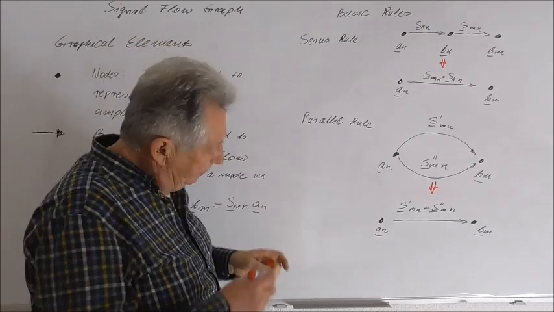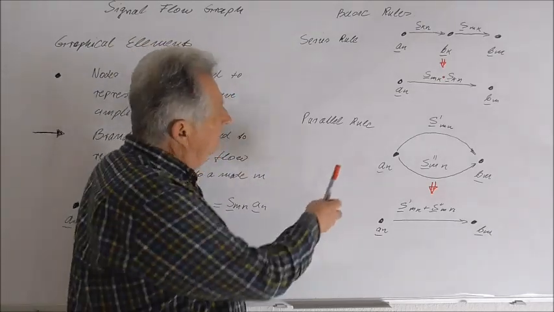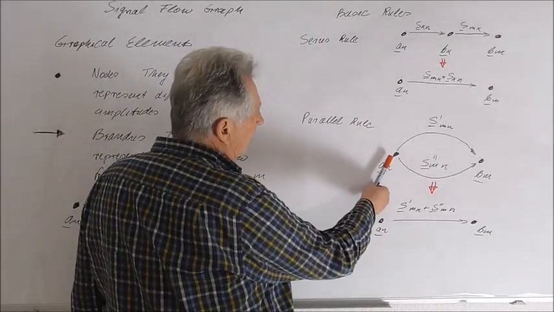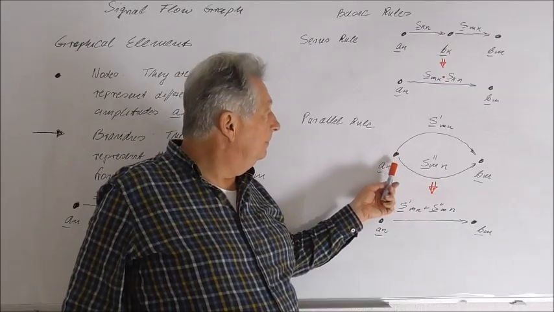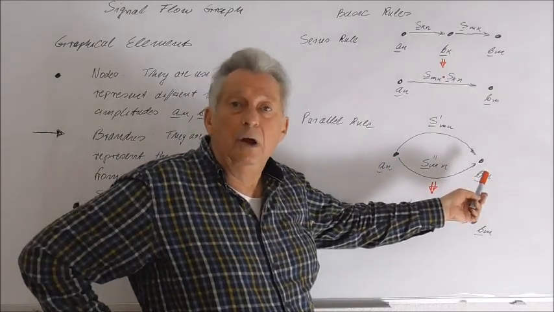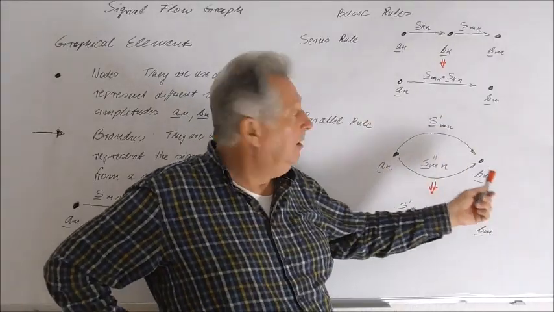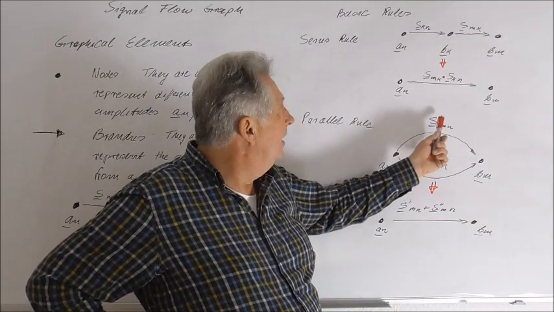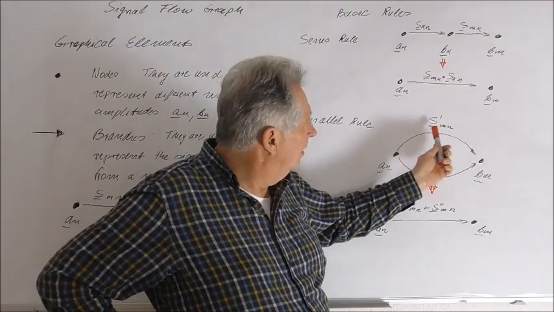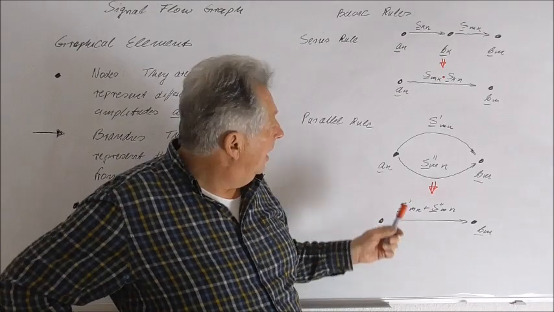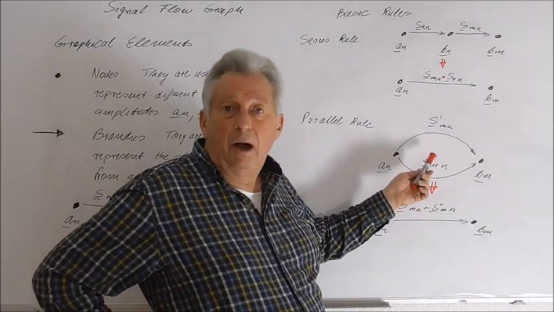On the other hand, we have the so-called parallel rule, and here we have, for example, the wave amplitude AN. Here we have the wave amplitude BM, but there are two branches from AN to BM. This branch we call SMN prime. So there is one way where the signal flows, and we have a second branch which we call SMN double prime.